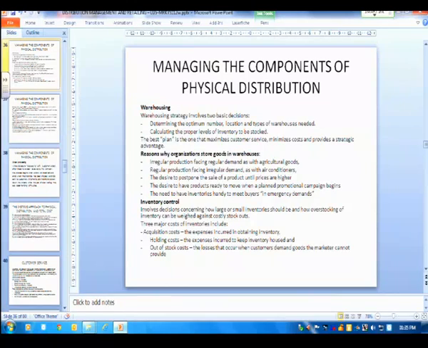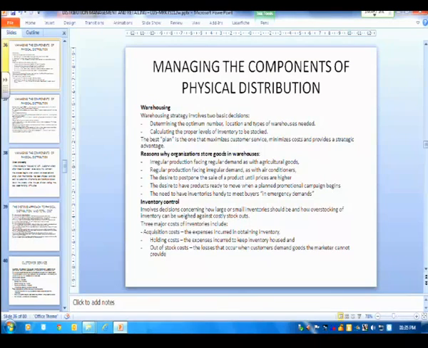Inventory control. This involves decisions concerning how large or small inventories should be, and how overstocking of inventory can be weighed against costly stock outs. There are three major costs of inventories. The first one is acquisition costs, the expenses incurred in obtaining inventory.